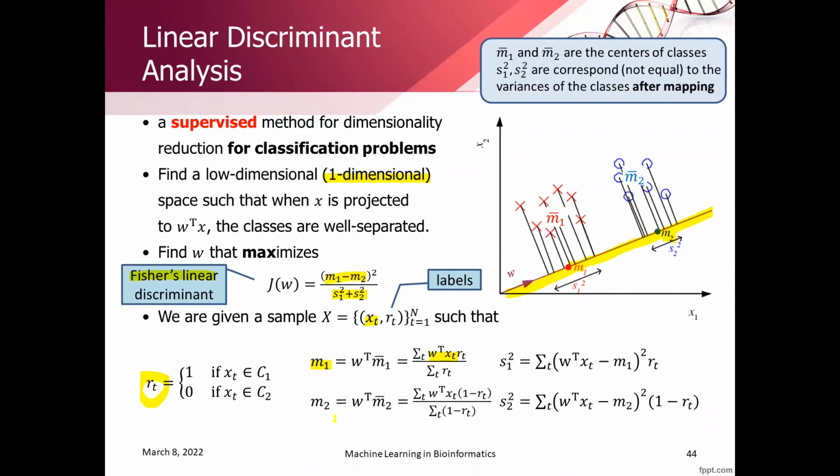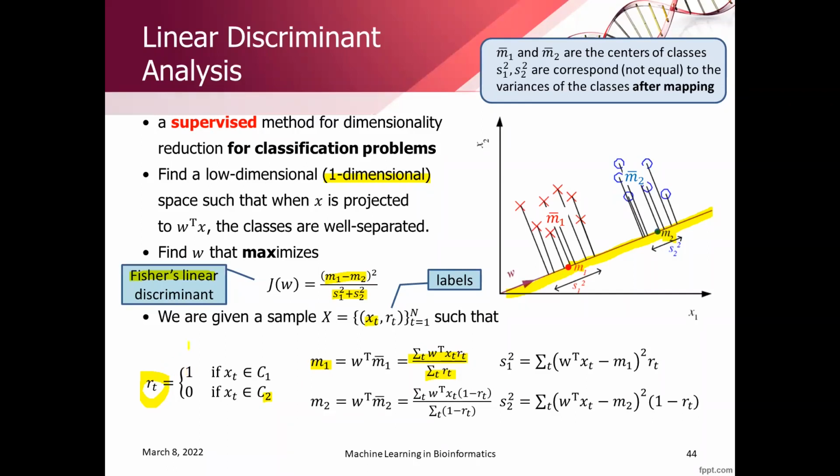For observations which are from class 2, r sub t will be 0, so the projection will not be counted. Altogether, we sum the projections only for observations from class 1, and we divide by the sum of r sub t. The sum of r sub t is the number of 1s, so this is actually the number of observations in class 1.